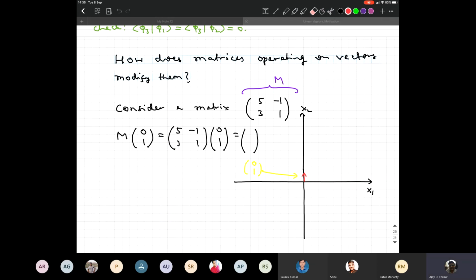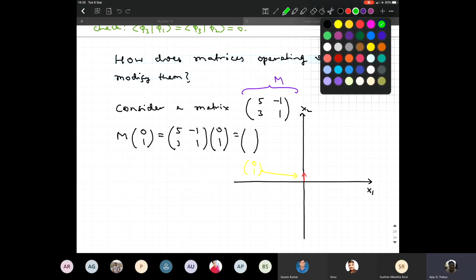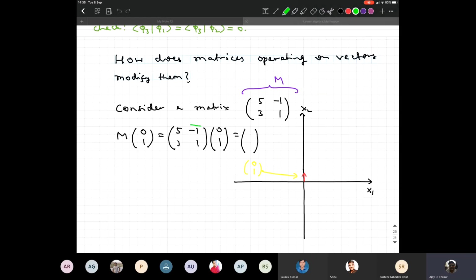So how do you really multiply it? So let's just check this. So this is the first row. I hope everyone knows this, but still there's no harm. So first row multiplied with first column, that would lead us to this member.